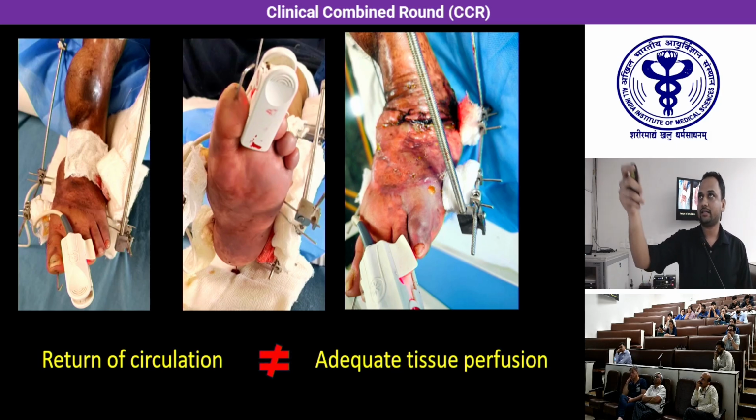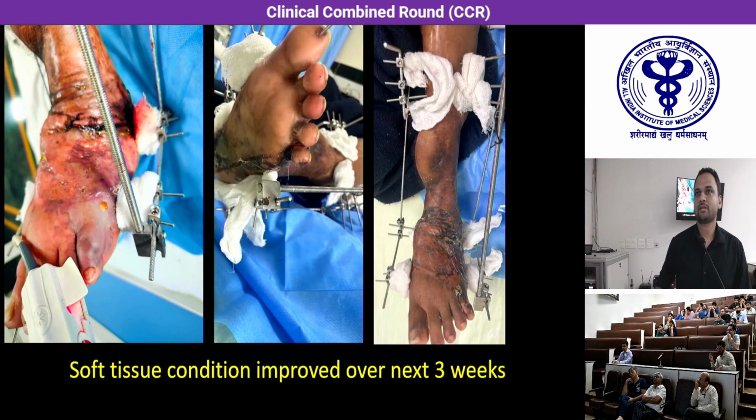We simply did dressing with normal saline, and we did pin site dressing. In addition to that, we supplemented the patient with pentoxifylline, which has some evidence in the literature. It is used in chronic venous ulcers and peripheral vascular disease to increase the vascularity of the limb. So as we apprehended, the soft tissue condition improved over the next 3 weeks.